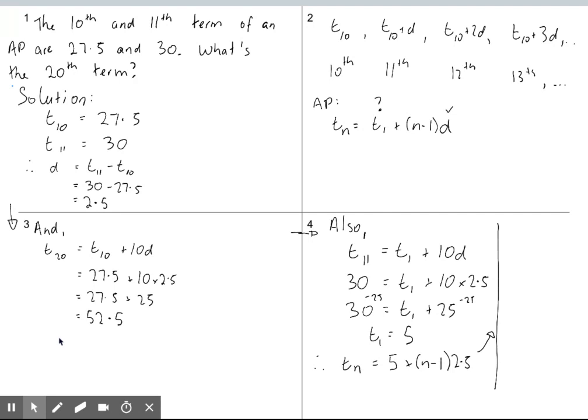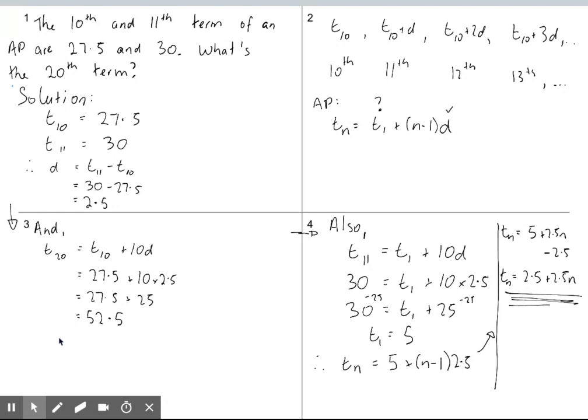So therefore, Tn is equal to 5 plus 2.5n minus 2.5. So Tn is equal to 5 minus 2.5 is 2.5 plus 2.5n. And there's the general term. Hooray. Okay, all from knowing the 10th and the 11th term.